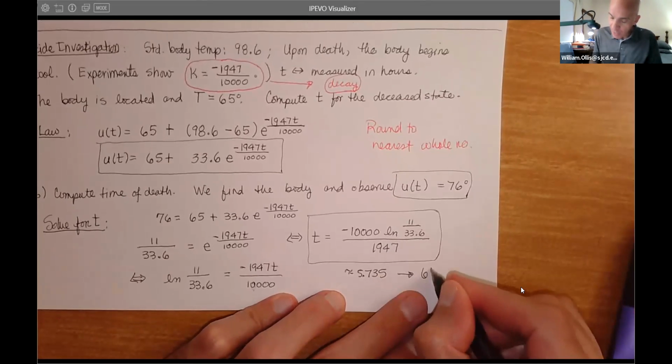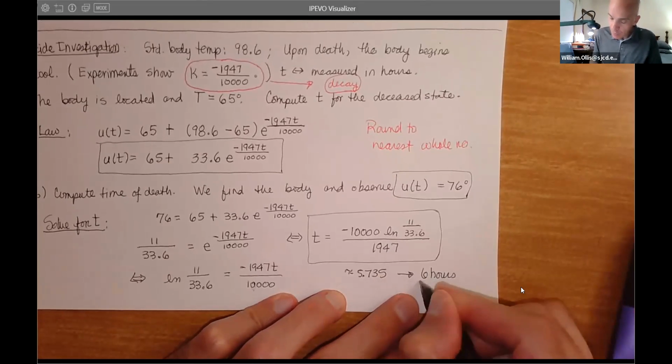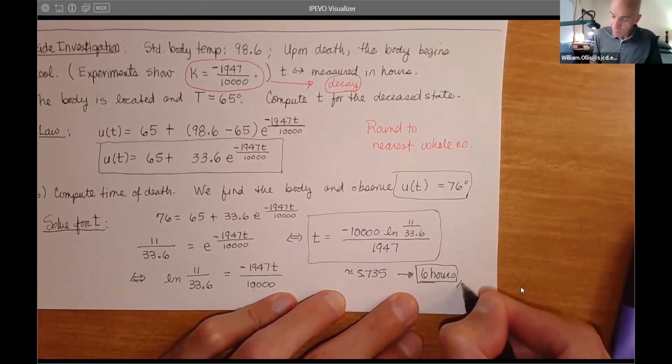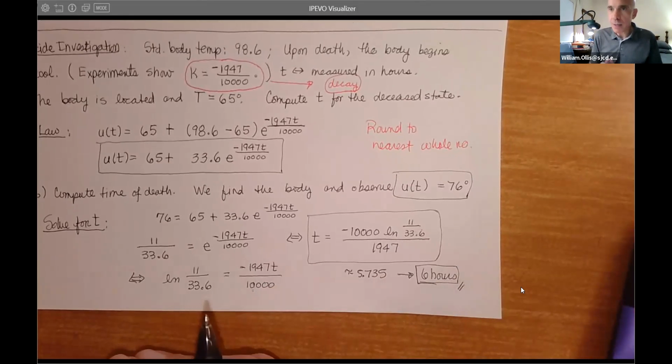So we find the body and we observe through our calculations that the moment of deceased state occurred approximately 6 hours ago. So we're thinking, okay, the foul play occurred then. Now we need to check all the other evidence and see what the crime scene tells us.